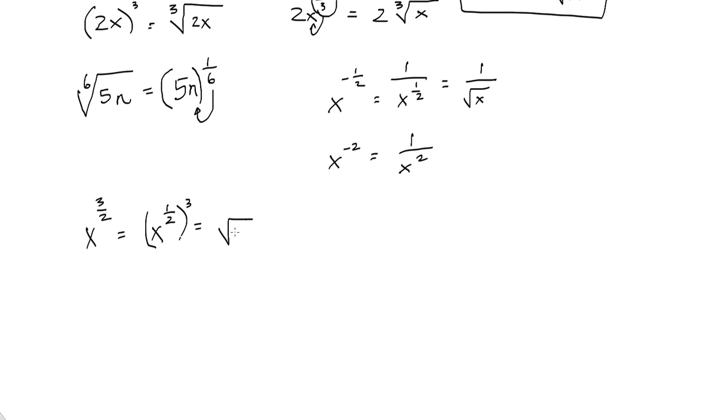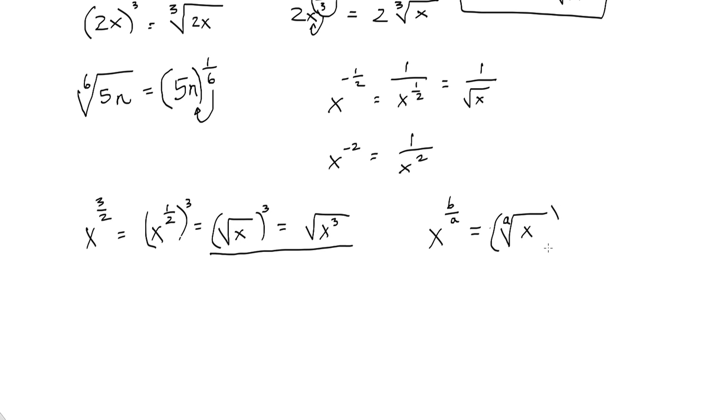So what have we got? We've got the square root of x, that's x to the 1/2, to the 3rd power. Turns out we can also write that like this. We're not going to talk about why until we get to radicals in a later video, next unit in fact. But for now, you just need to know that you can still see it written either way. Okay? So we'll write a rule here, and that rule is this. x to the b over a, and I'll keep the a on the bottom to match our earlier rules, is the ath root of x raised to the b power.